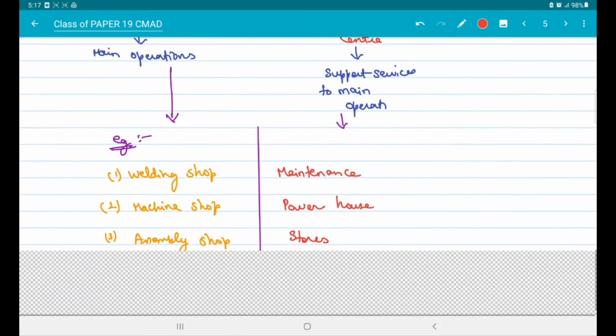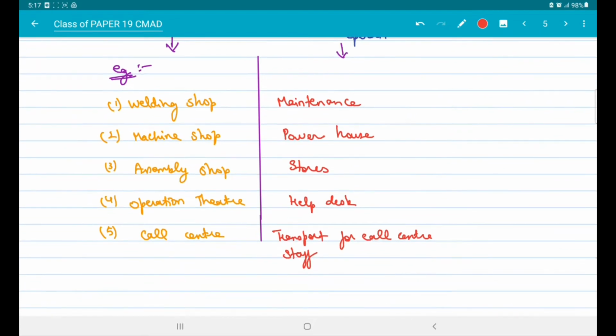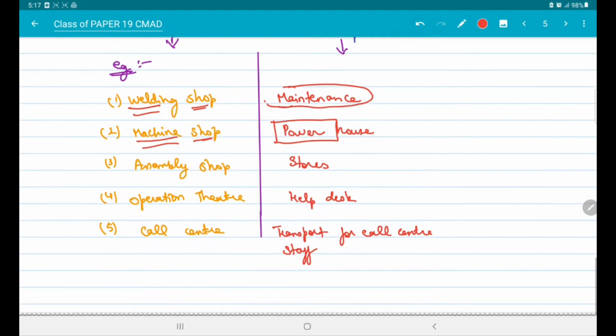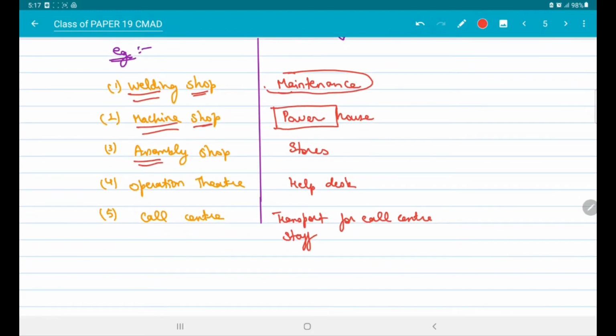There are a few examples in CAS-01 itself. If there is a welding shop, the support service will be the maintenance of that welding shop. If there is a machine shop, the powerhouse is the support service. If there is an assembly shop, then stores.